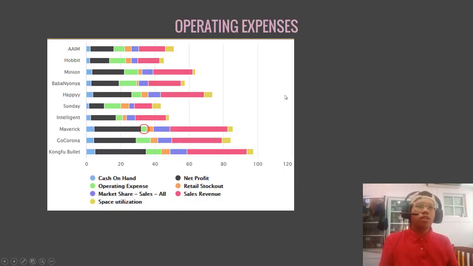Based on the score metric, we only take two things that we already improved. The two things that I mentioned are the operating expenses and sales revenue.